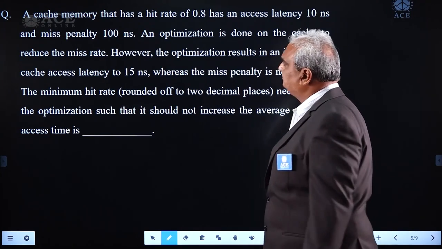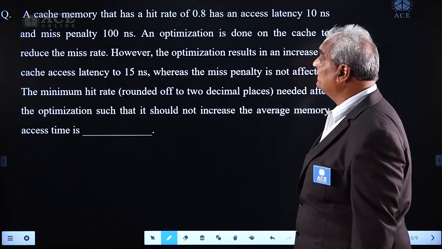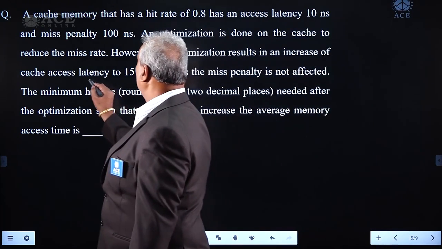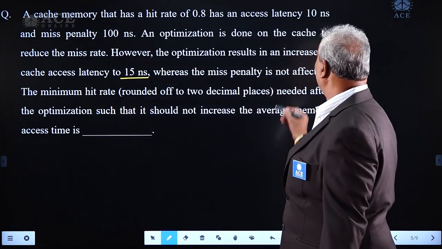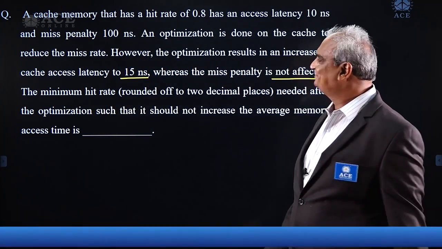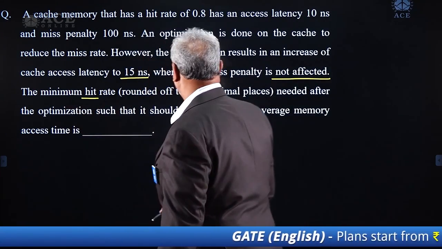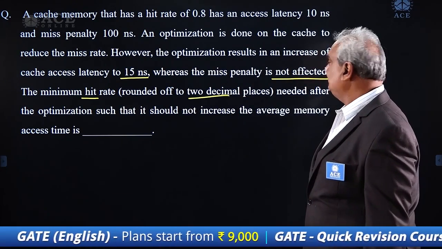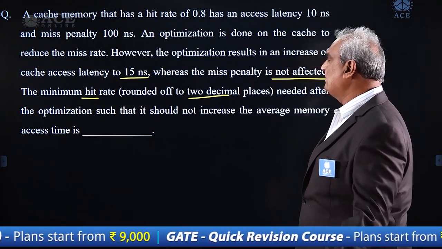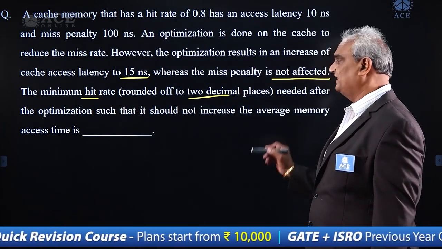However, the optimization results in an increase of cache access latency to 15 nanoseconds, whereas the miss penalty is not affected. The minimum hit rate, rounded off to 2 decimal places, needed after the optimization such that it should not increase the average memory access time.